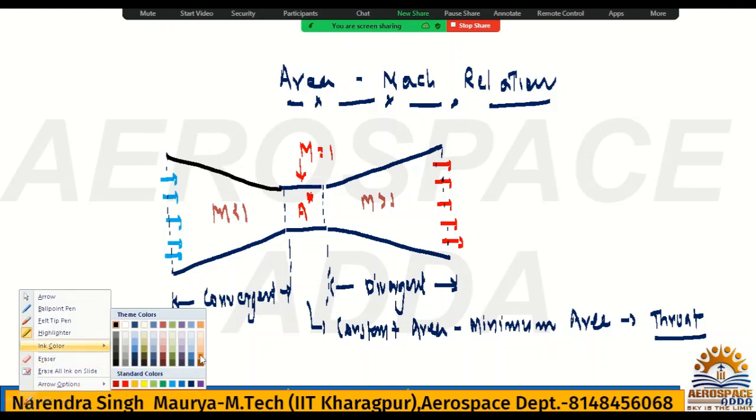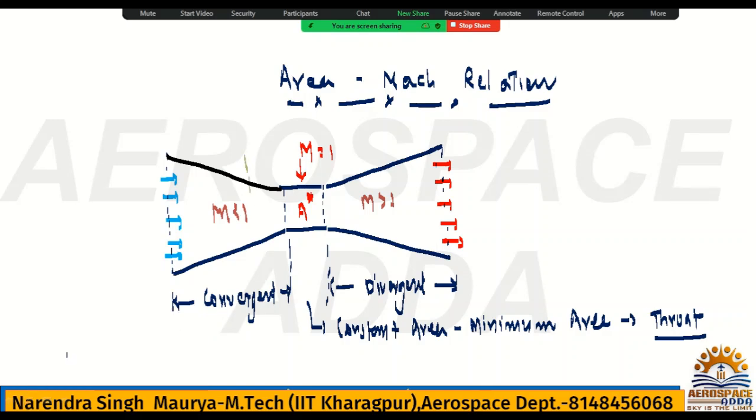This is the one portion which is called area A1, and this is another portion which is called area A2.